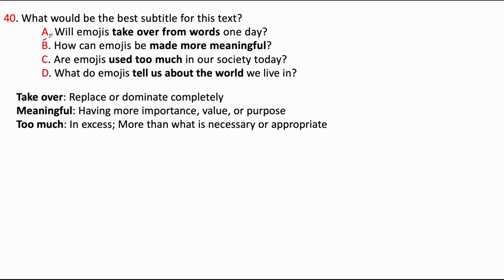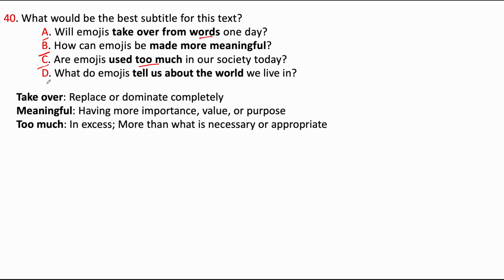Option A says that emojis will take over or will replace words one day. Option B says that the passage talks about how emojis can have more value or purpose. Option C says, are emojis being used excessively in our society today?